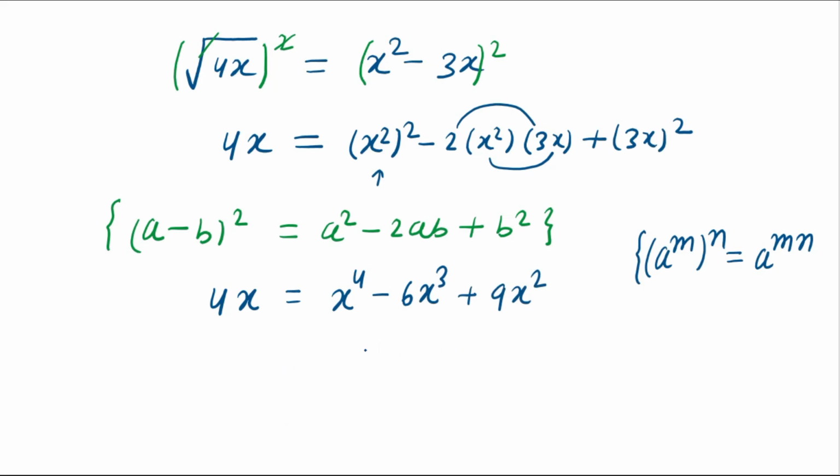If we take all the expressions to the same side, then x power 4 minus 6x power 3 plus 9x square minus 4x is equal to 0.